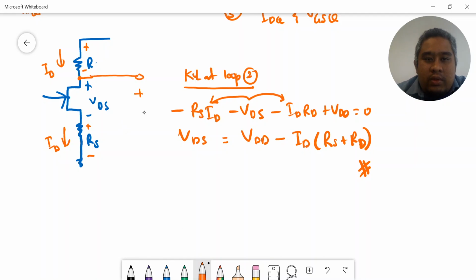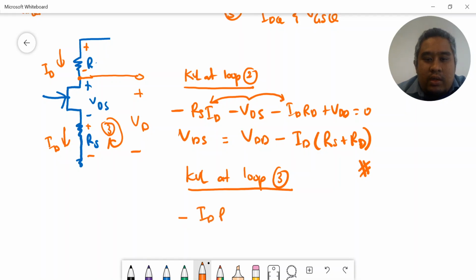Positive minus VD. So we can use this one, loop 3. So KVL at loop 3 equal to minus ID RS minus VDS plus VD equal to 0. So VD equal to VDS plus ID RS.